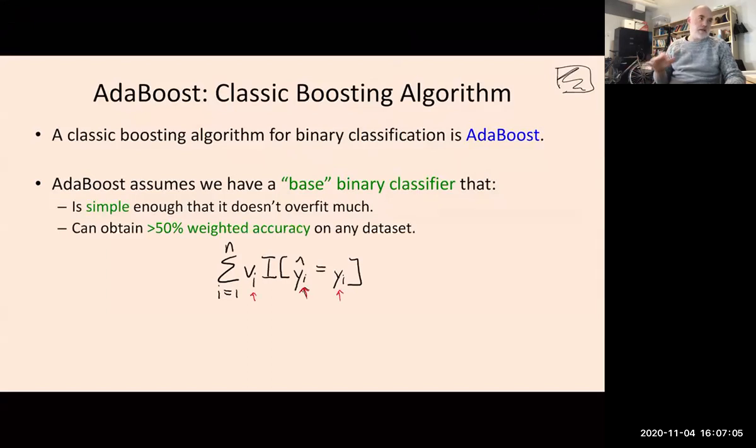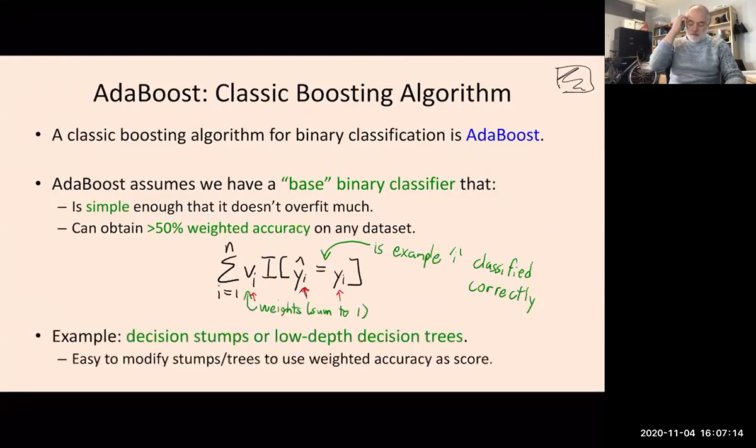So long as you can achieve better than 50% weighted accuracy on any data set, where the indicator shows that example i is classified correctly and the weights sum to 1, then you can boost such a classifier through the AdaBoost training procedure to produce very, very high accuracy classifiers.